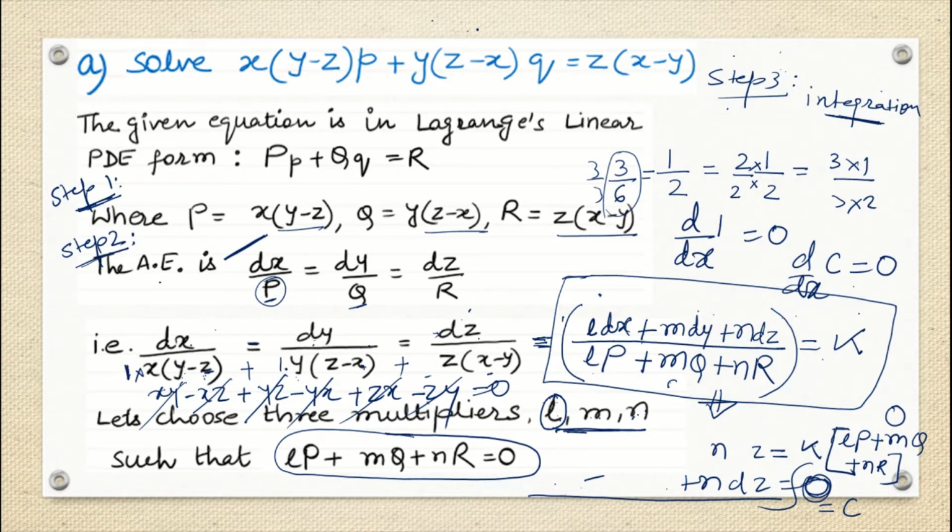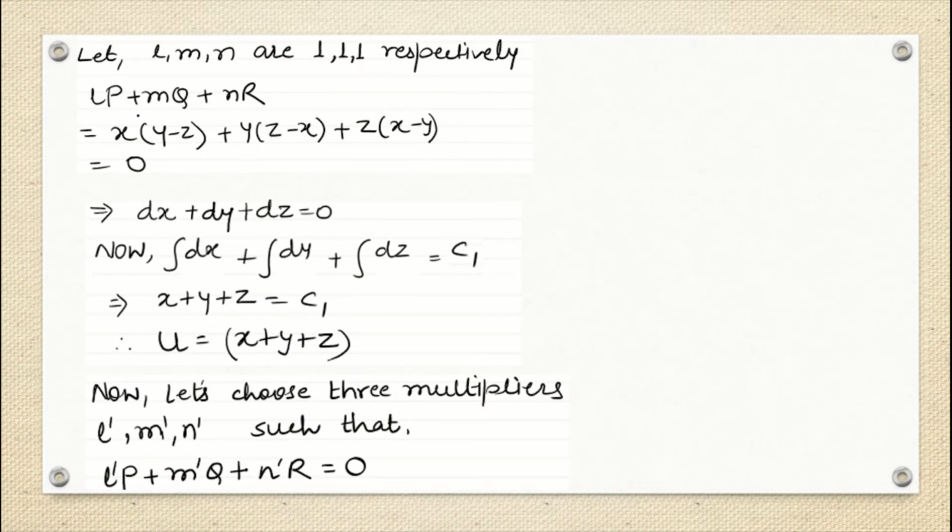If I say that my L, M, N are all equal, that is also okay. They all are 1. So that means it is going to give me LP plus MQ plus NR equals 0. If I take this term into my right hand side, completely this part will become 0. That means L dx plus M dy plus N dz is also 0. So this completely has given me 0, and this is my right hand side.